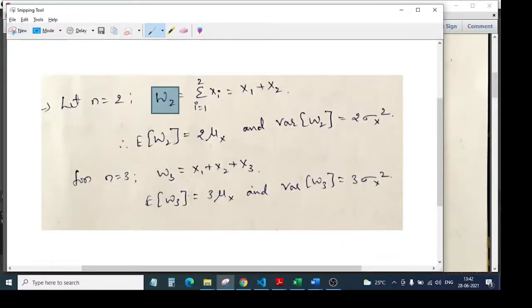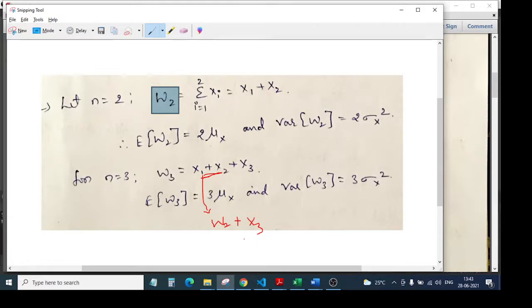Okay, so here we have x1 plus x2. This is nothing but the convolution of the PDF of x1 and x2. That means this could be replaced with W2, plus you have an x3 here.